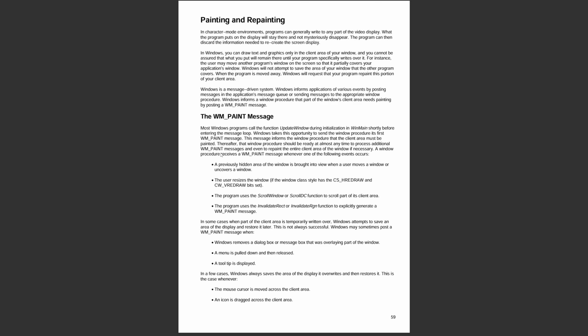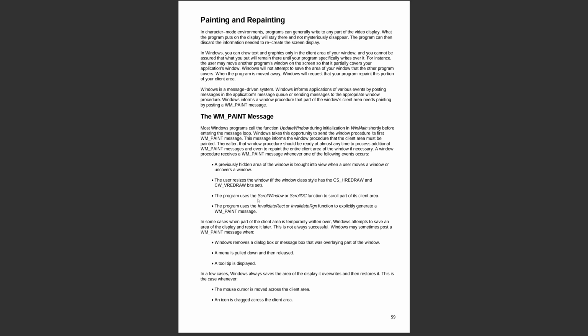A window procedure receives a WM_PAINT message whenever one of the following events occurs. A previously hidden area of the window is brought into view when a user moves a window or uncovers a window. The user resizes the window if the window class style has the CS_HREDRAW and CS_VREDRAW bits set.